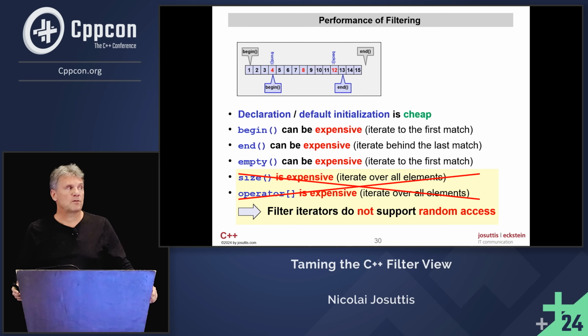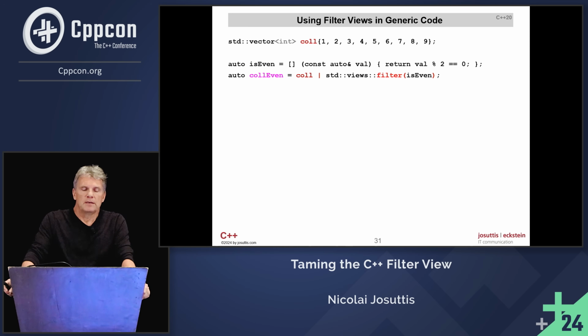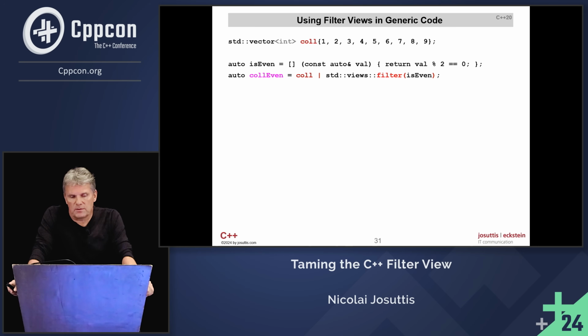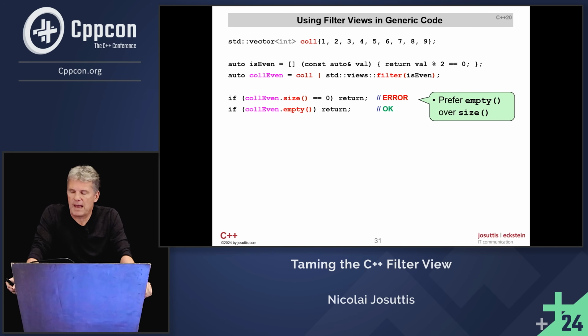Okay, that has consequences for generic code. So if you have a vector and you're initializing a filter that, for example, looks for even elements, please don't compare the size with 0 if you want to check whether something is empty. Let's use empty instead, because that's supported by the filter.